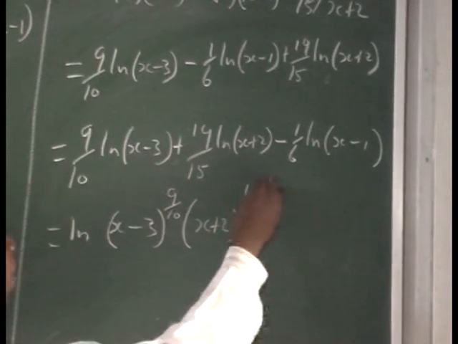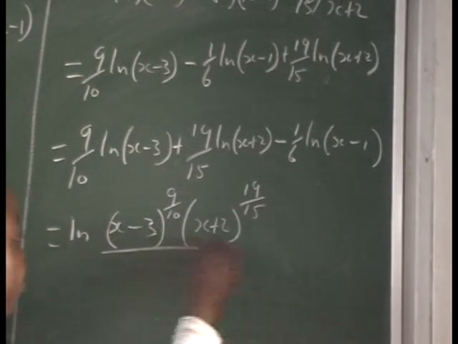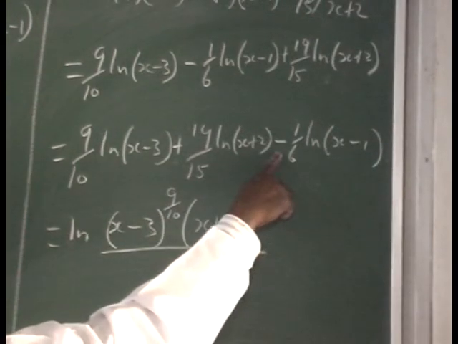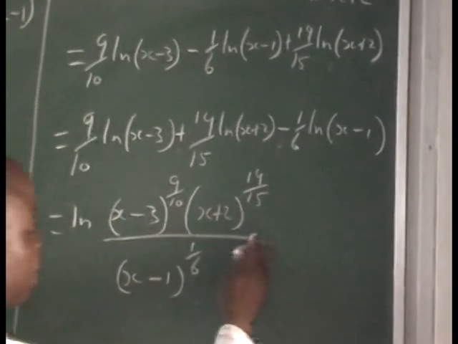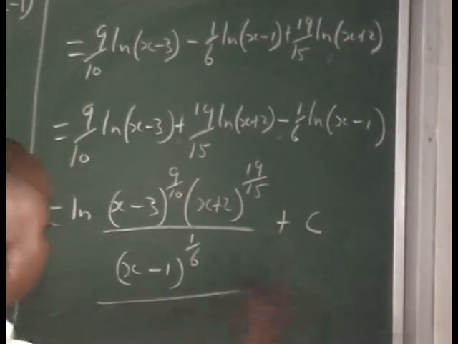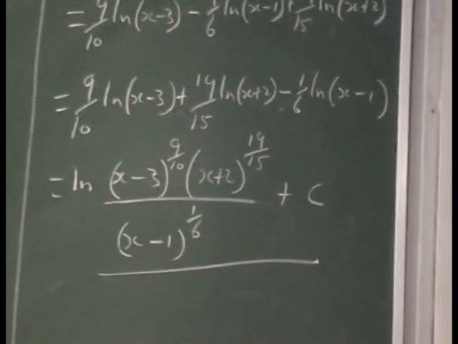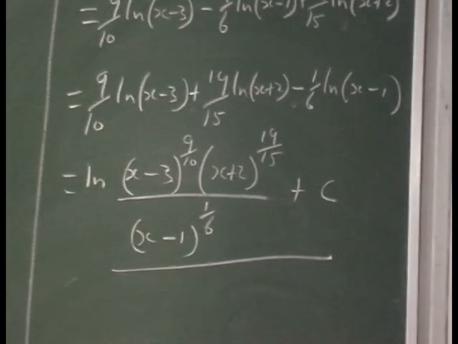We also have 19 all over 15 divided, because of this minus, divided by x minus 1 raised to 1 all over 6 plus c. So that becomes the results of the integration.